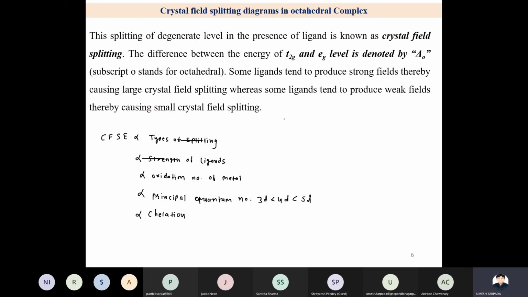If a strong field ligand is present, pairing of electrons takes place and the complex is low spin.